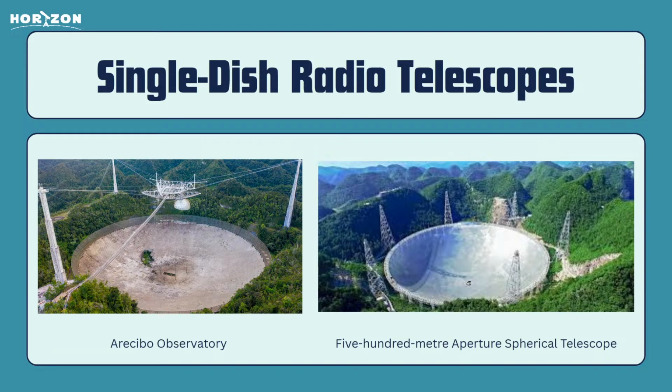The other picture on the slide is of the 500-meter aperture spherical telescope located in Guizhou, China. It's the world's largest single-dish radio telescope, and its structure includes an active main reflector, which corrects spherical aberration on the ground.